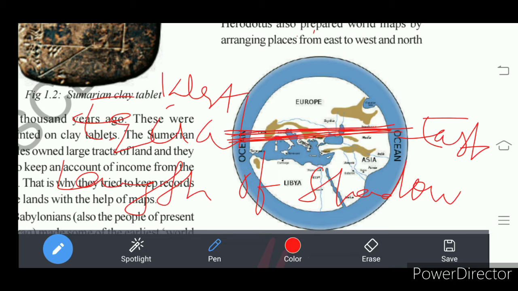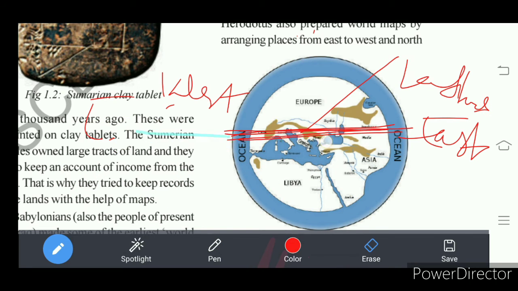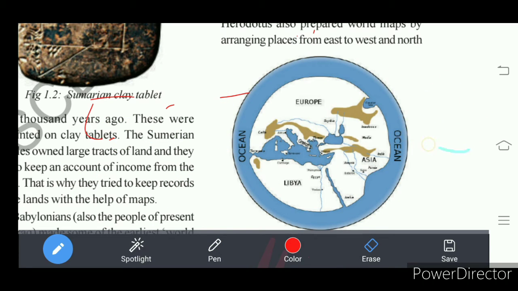This line connected the places which have equal length of shadows, and such lines are called latitudes. So longitudes they drew taking midday at the same time, connecting from north to south.